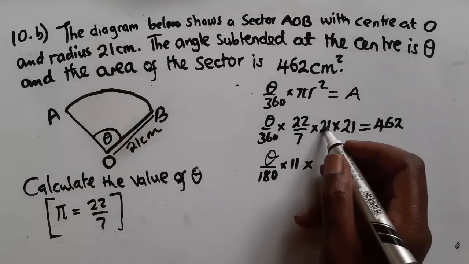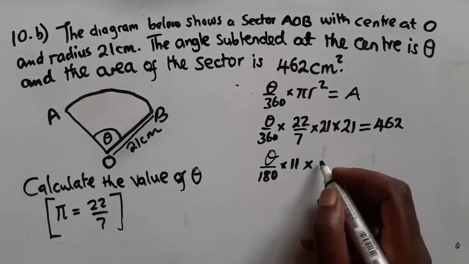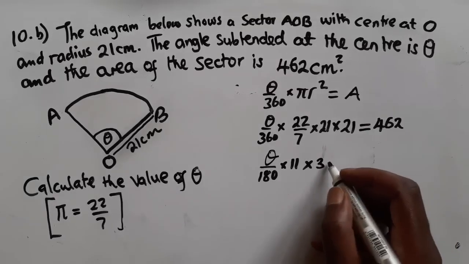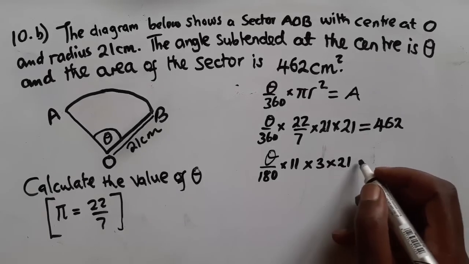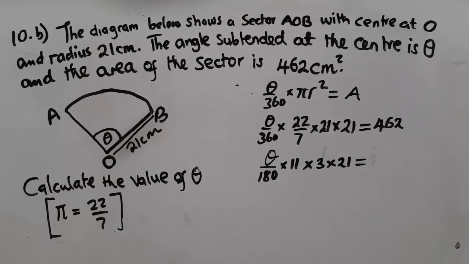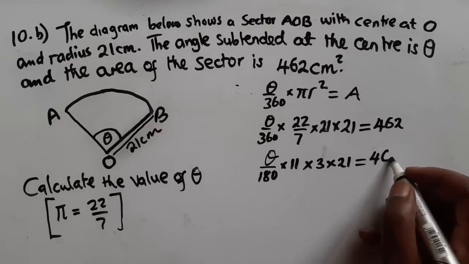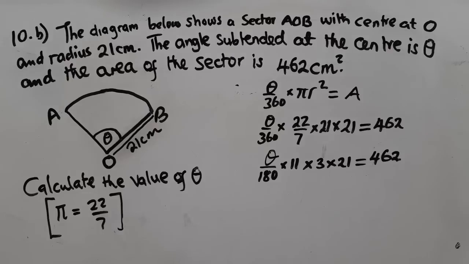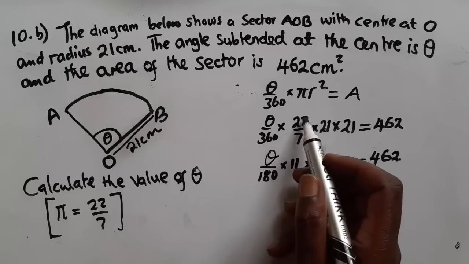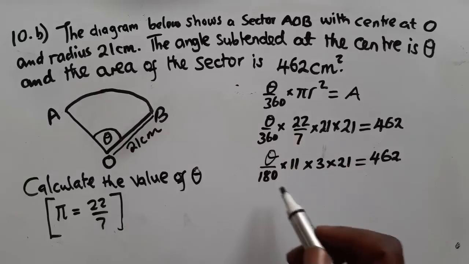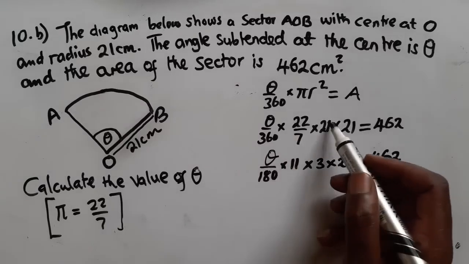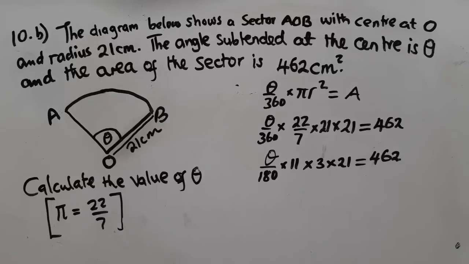Then 7 into 21, this is going to be 3, multiplied by 21, and this is equal to 462. I hope this is very clear, ladies and gentlemen. So we broke down and simplified; that is where we are now.